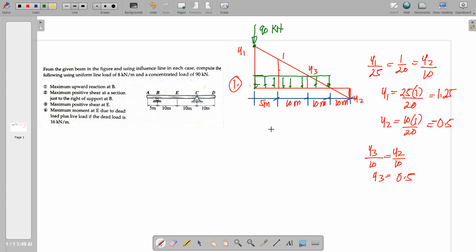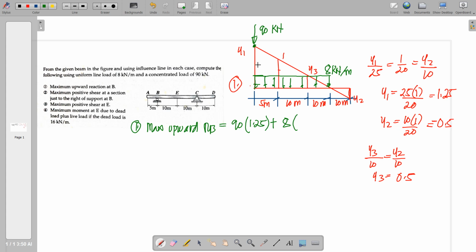of the influence line diagram, so that the maximum upward reaction at B will be equal to 90 by, just multiply this by the ordinate, which is y1, and we add this 8 kilonewton per meter multiplied by the area of this triangle, or the positive area of the influence line diagram.